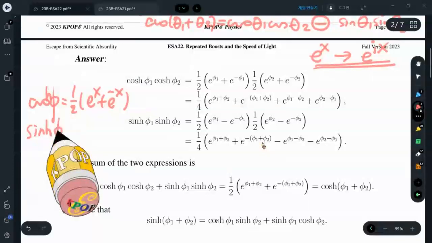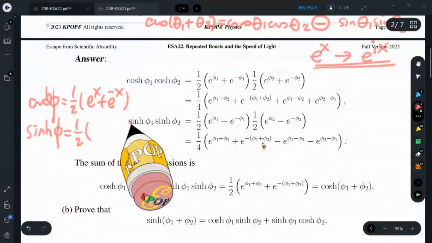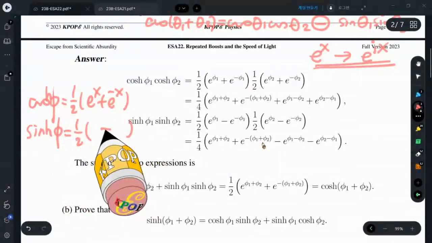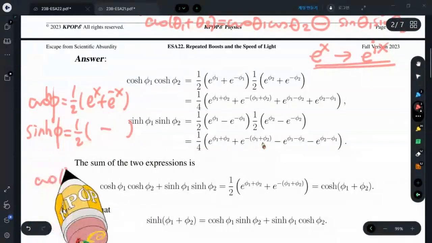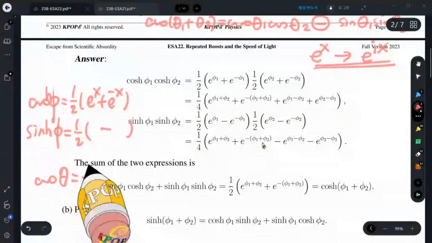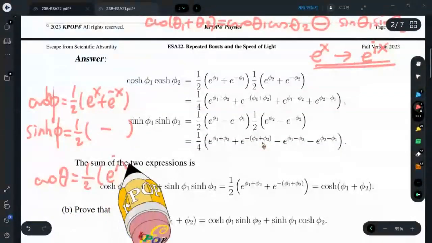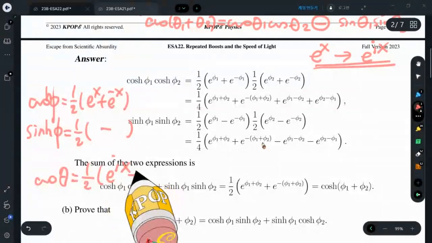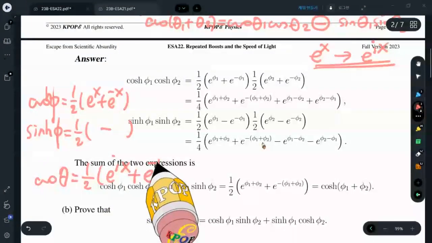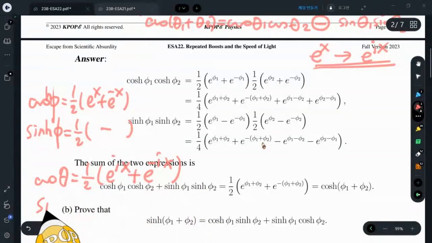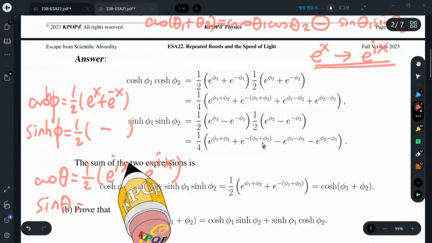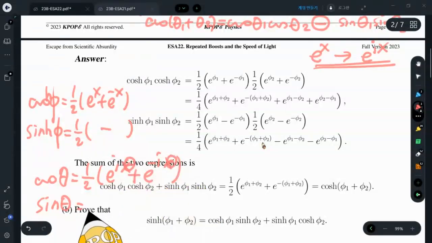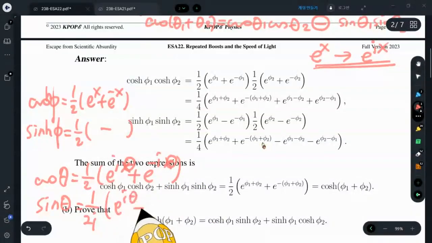Sine hyperbolic is defined by the difference. Cosine theta is very similar, except that I have i. Sine theta has 2i in the denominator, with a difference.